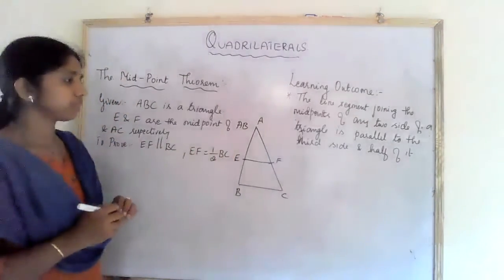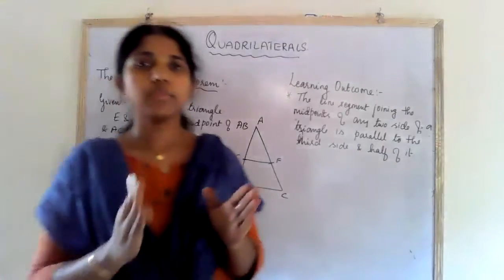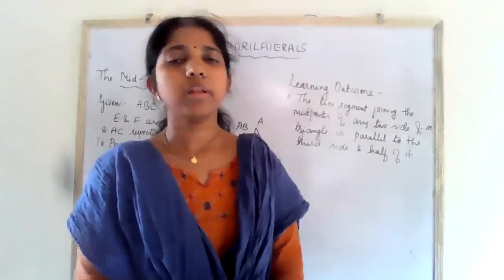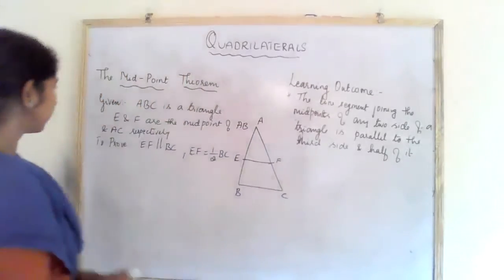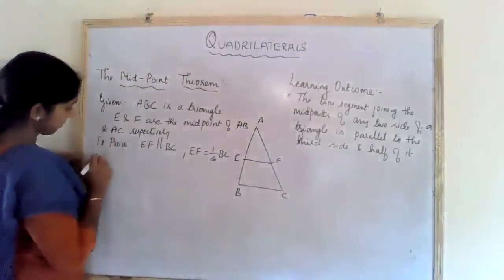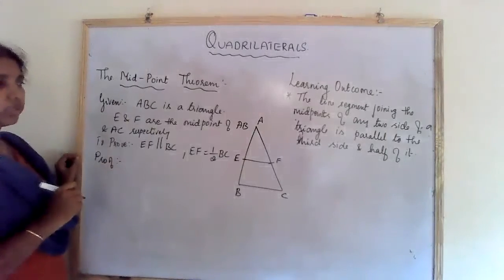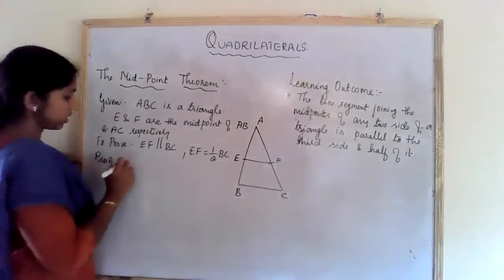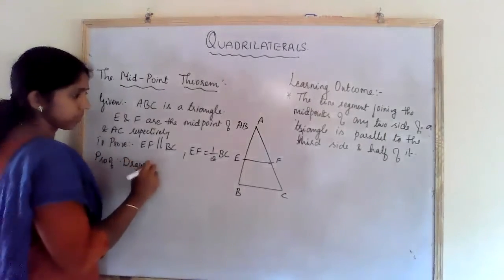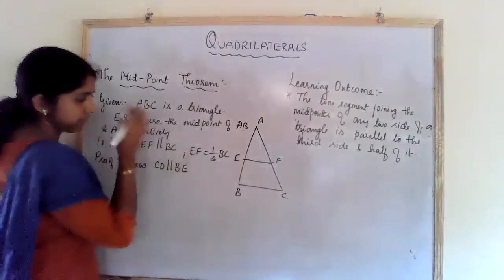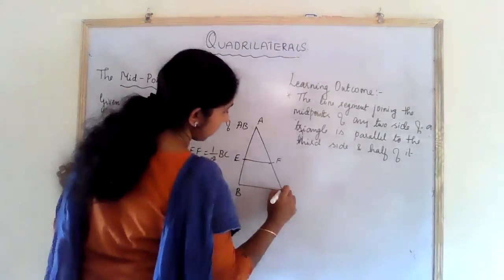First we are talking about a triangle. Now let us continue with the proof. Before doing the proof, let's do some construction. Let us draw CD parallel to BE.